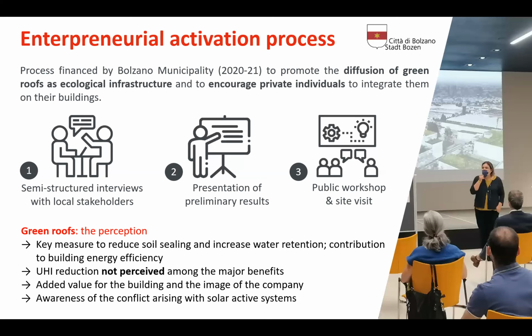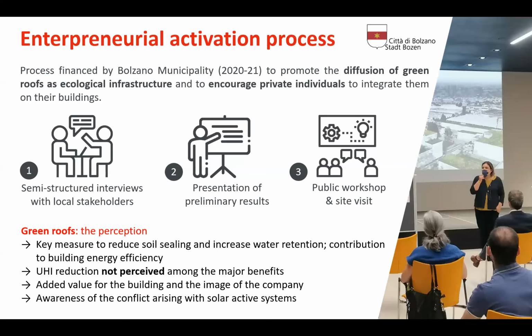They saw them more as an added value for their company, just something to advertise on their website to look greener. Most of them are also aware that there is a conflict between active solar systems and greening solutions on the buildings, especially on the roofs.